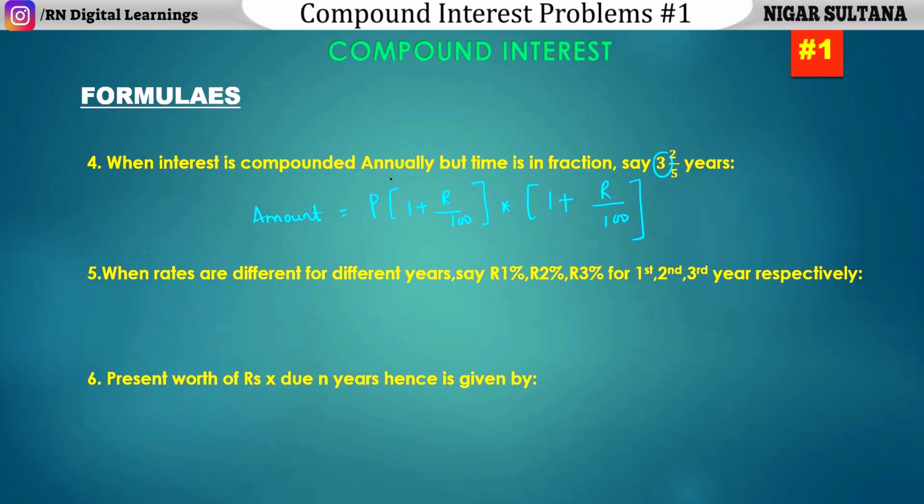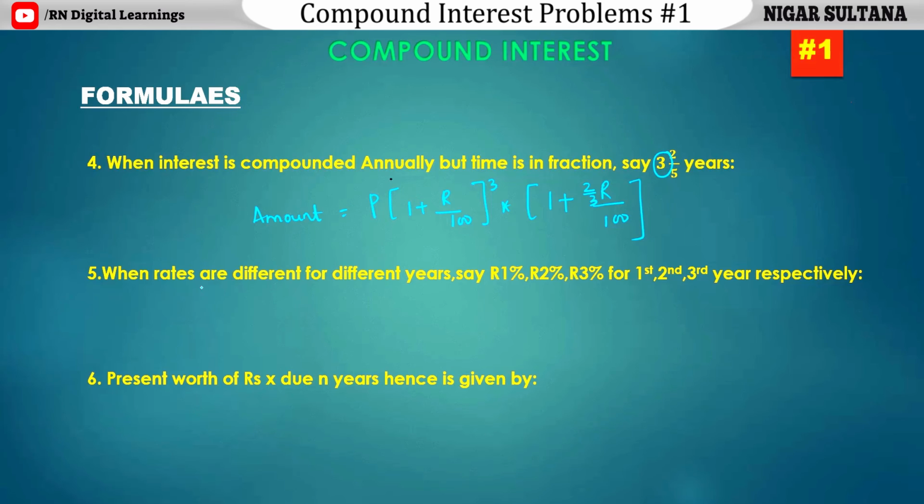Now this whole number will be kept as a power for the first one, P 1 plus R by 100 to the power 3. Now this fraction part 2 by 3 will be multiplied with R. So this is the formula for when the interest is compounded annually but the time is in fraction. When the time period is given in the form of a fraction, we need to use this formula.